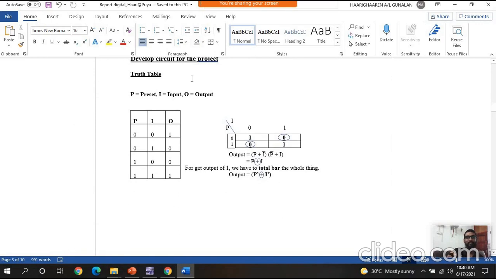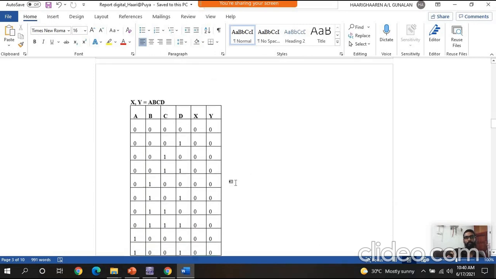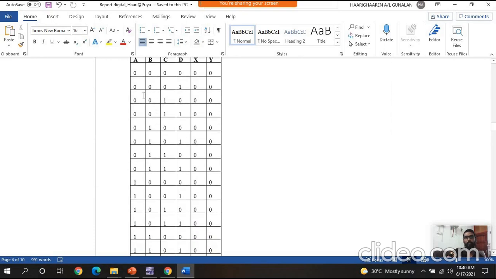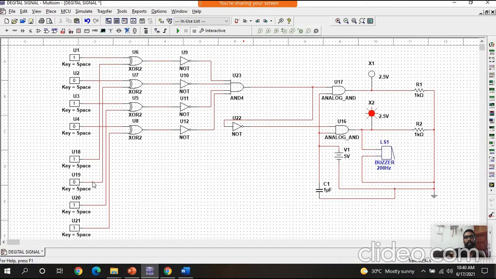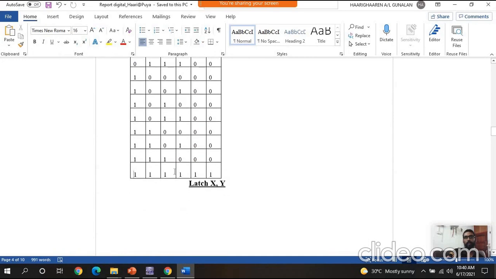Okay, so this is the truth table for the XOR gate, and then this is for the output. So as I say, madam, the preset and the input must be the same. Then only the luggage will be open. Only the last digit will open.